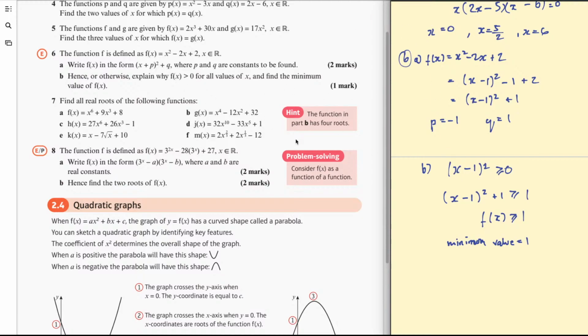I'm confused as to why this cannot be equal to 1. So if x equals 1, this is 0, then f of x equals 1.